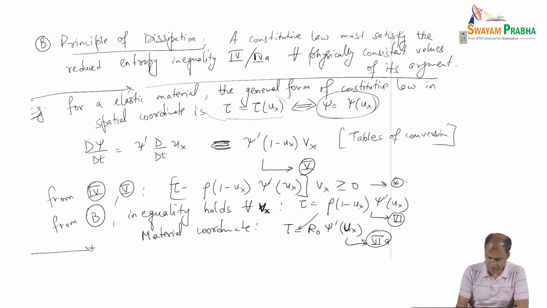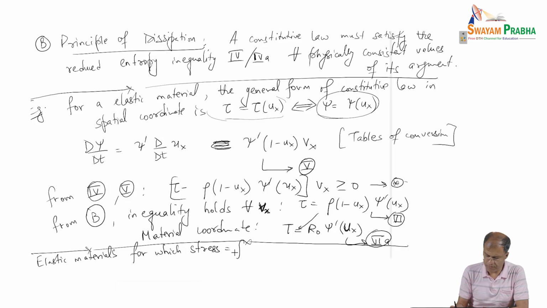So what I just said is the following: for elastic materials for which stress is a function of free energy, this is the set of materials also known as hyperelastic materials. And we can also say that in this case, free energy is a function of strain.